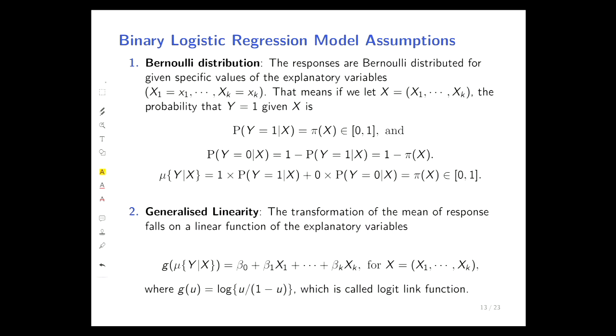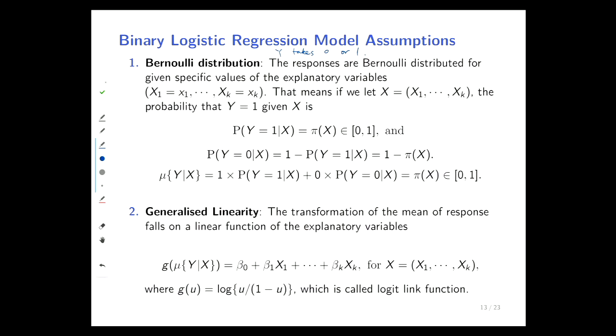But in this case, because y can only take two values, 0 or 1, we no longer have the normal distribution, but we have the Bernoulli distribution. You may feel a little unfamiliar with this distribution, but that's fine. I will explain it in detail.